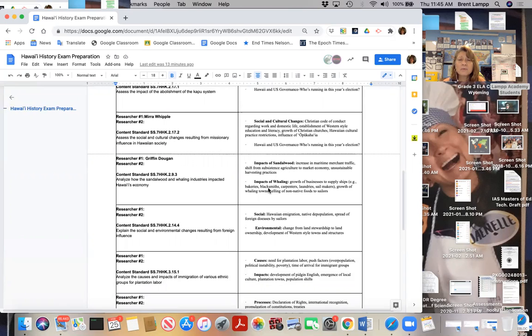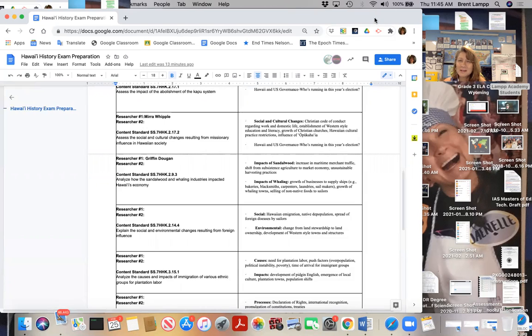Also the impacts of whaling. We know that the fur trade died and the economy that increased in the next 10 years was sandalwood. And what's amazing is the Hawaiian Islands are one of the only places that have 6 species of sandalwood.